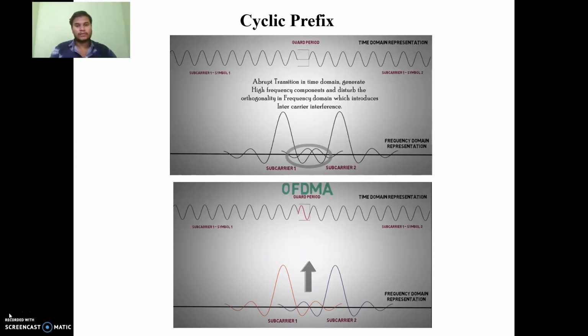Therefore, in the OFDMA technique, we insert a cyclic prefix between the two symbols. The cyclic prefix is nothing but the end portion of the symbol added as the beginning of the same symbol. Therefore, when it is converted to the frequency domain, you can see in the second figure there is no interference between the symbols.